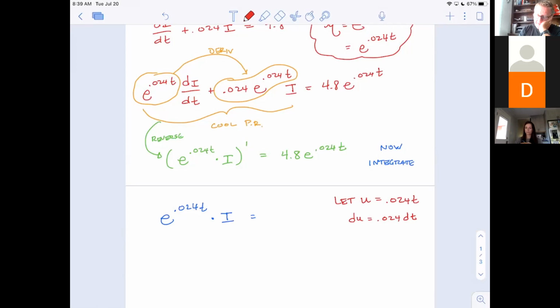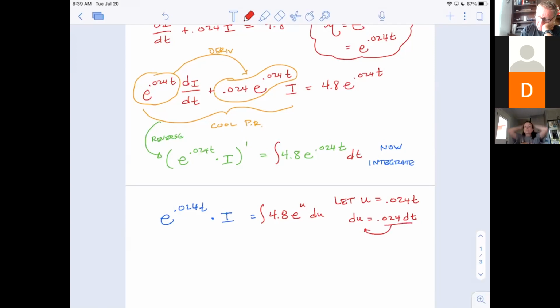So if I integrate this right side with respect to t, then I've got a new problem now. I've got 4.8 times e to the u power. But since I switched to u, that means I need this to be a du, not a dt. Well, what is dt equal to?